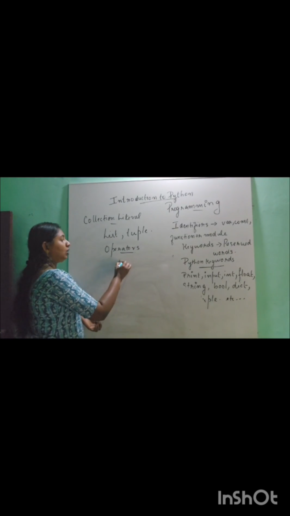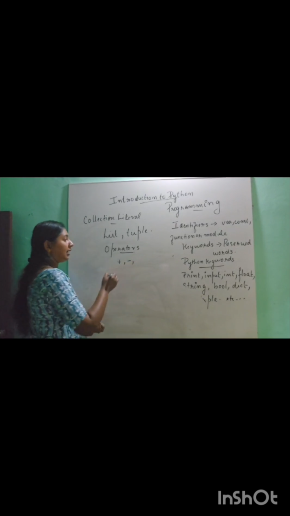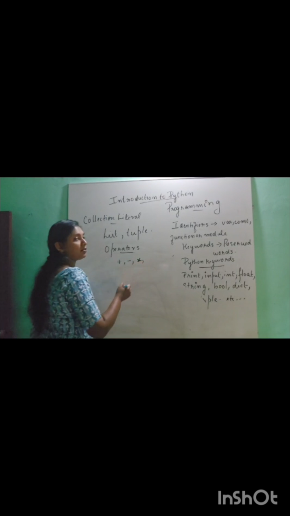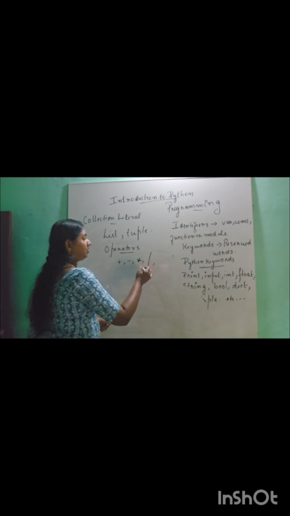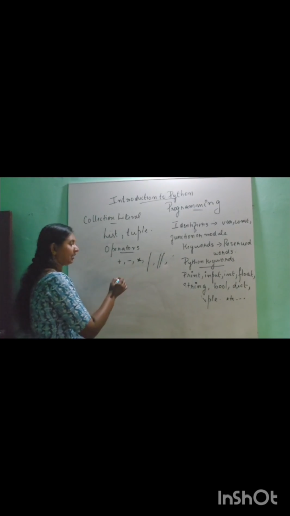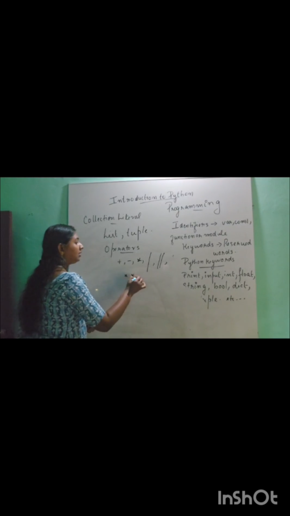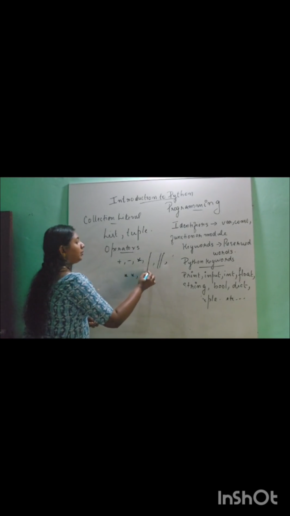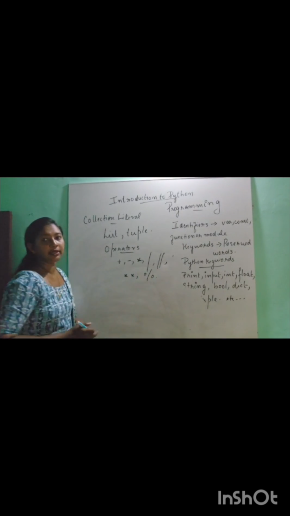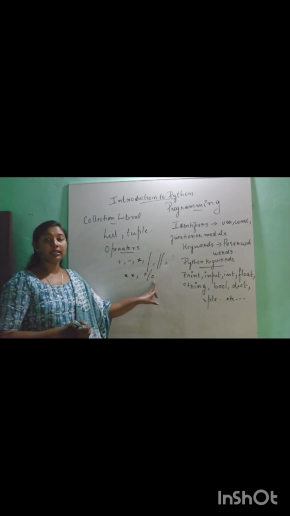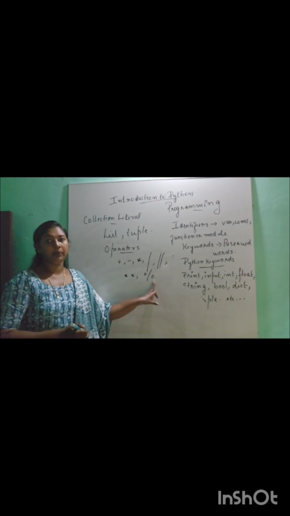That is, plus is for addition, minus is for subtraction, star is for multiplication, then the division operator. Then there is a special operator used for floor division, which I will explain later. Then double star is the exponential operator. And one more operator is the modulus operator, to calculate the remainder after division. So these are the basic arithmetic operators in Python.